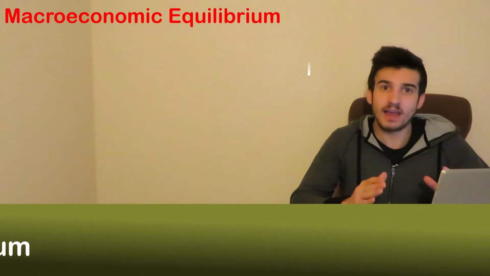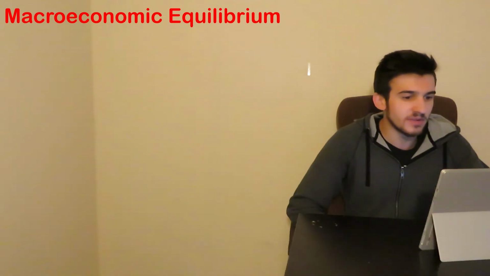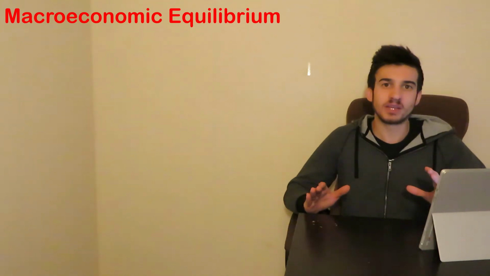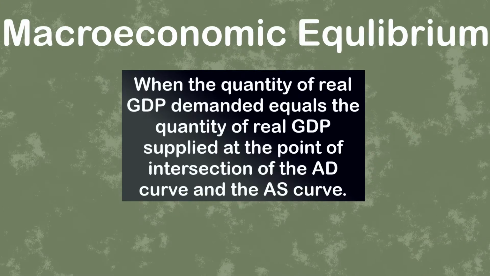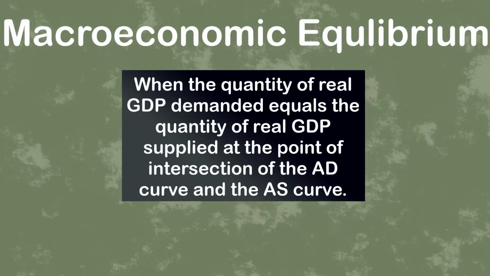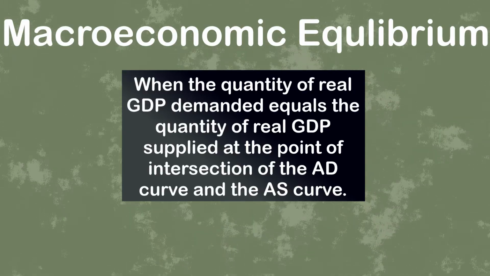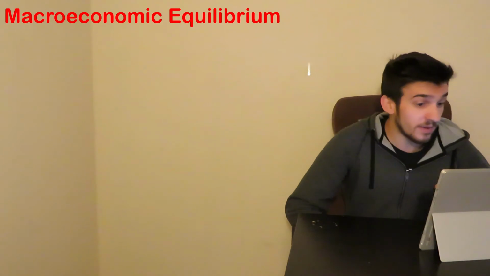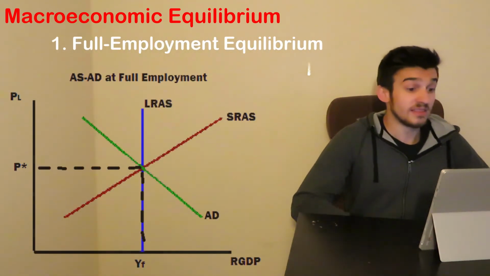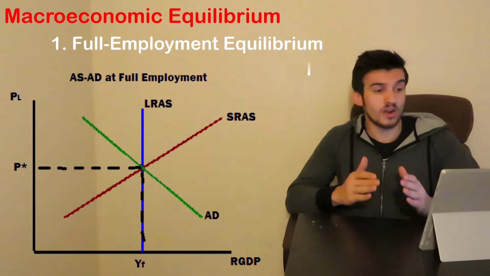Now what we're going to do is take aggregate demand, short-run aggregate supply, and long-run aggregate supply, and we are going to see what happens to make macroeconomic equilibrium. Macroeconomic equilibrium is just going to refer to when the quantity of real GDP demanded equals the quantity of real GDP supplied. At macroeconomic equilibrium, the economy can be at three different places. We can be at full employment equilibrium. This is when our equilibrium of real GDP equals our long-run aggregate supply.